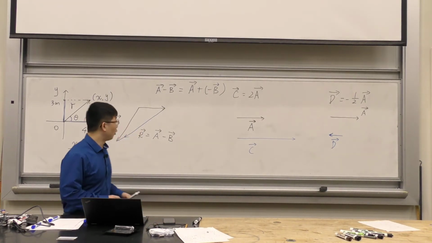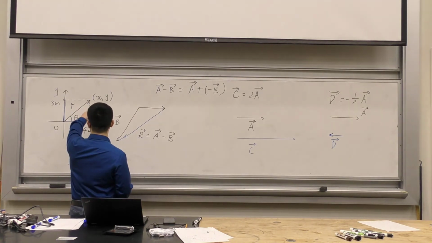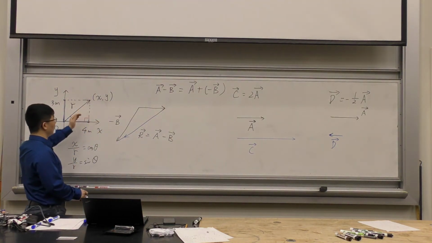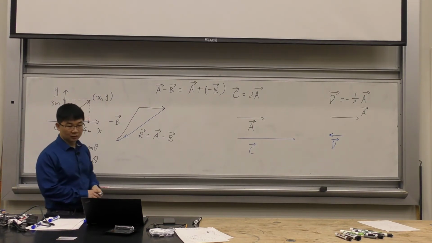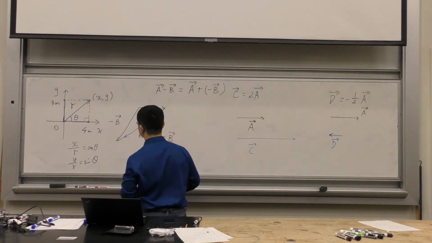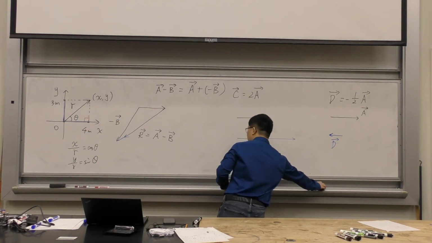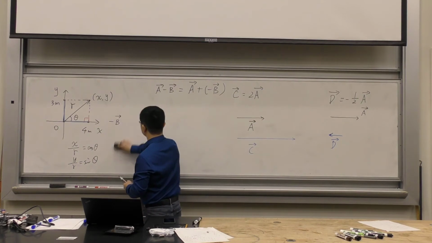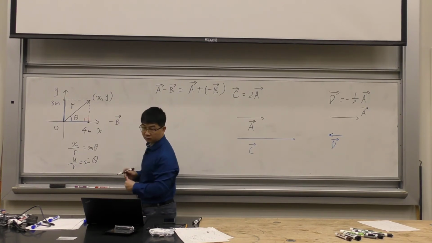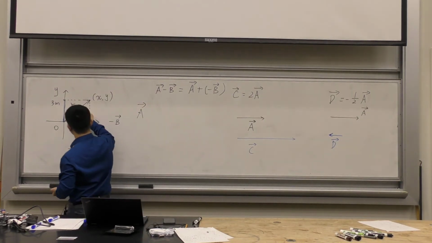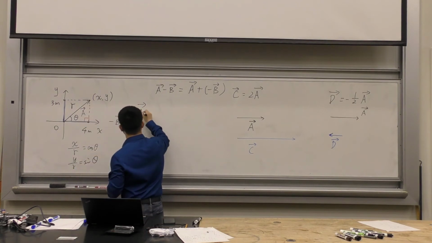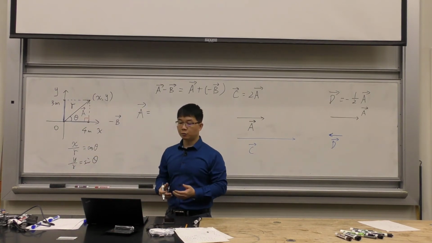So I can always write this vector in components. If I have this vector, I know that I can break it into x components, 4 meters in x direction, 3 meters in y direction. Our notation is this. If this vector, say R, or whatever, let's just still use A. So this vector is A, and I want to write it in component form.